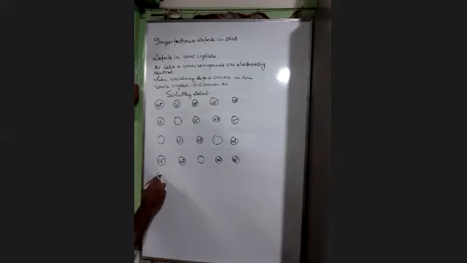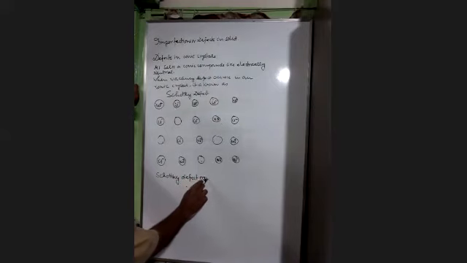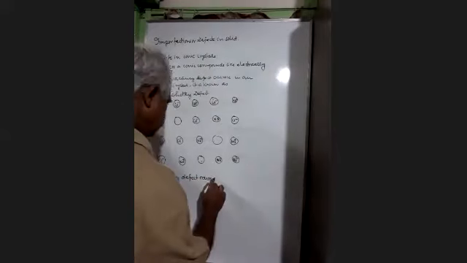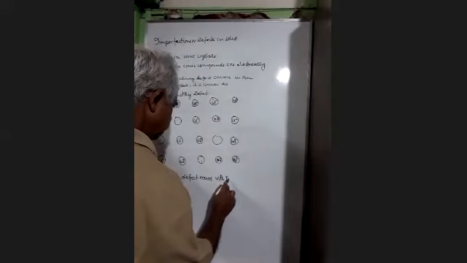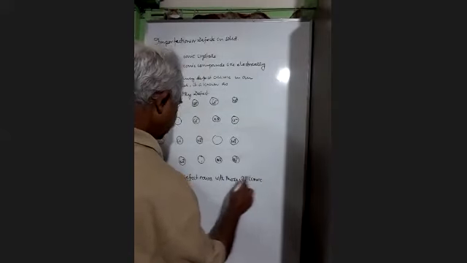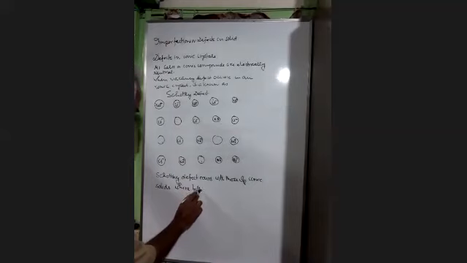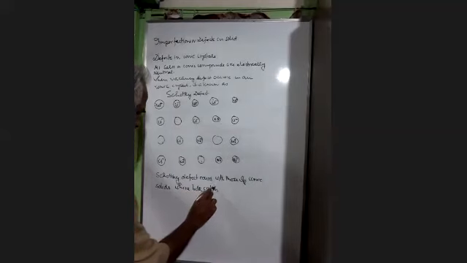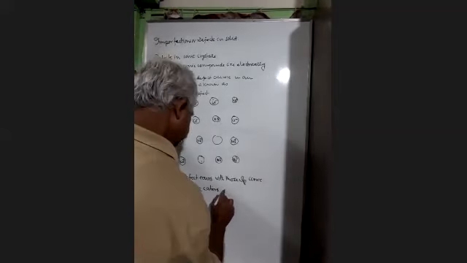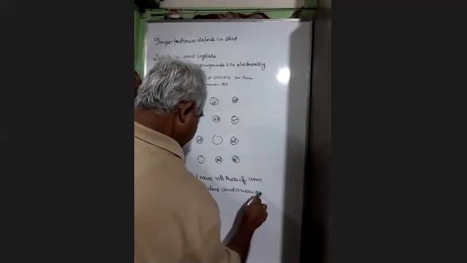We'll write now: Schottky defect occurs with those types of ionic solids where both cations and anions are large.